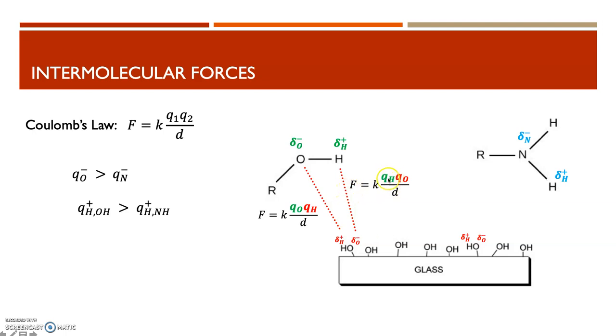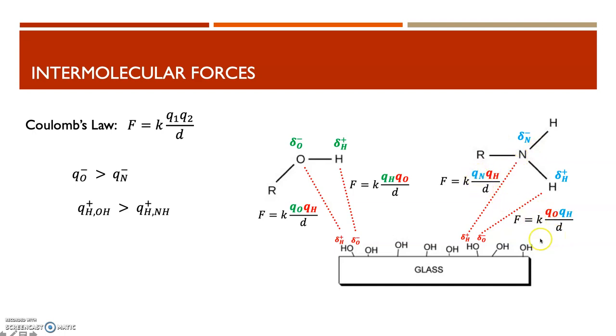Here, the charge on my hydrogen on my molecule and the charge on my oxygen on the surface are going to be attracted to each other, and they're going to have an attractive force that's described by Coulomb's law. We can do the same thing for the amino group. The hydrogen on my molecule is attracted to the oxygen on the surface. The hydrogen on my surface is attracted to the nitrogen in my molecule, and they are each described by Coulomb's law.